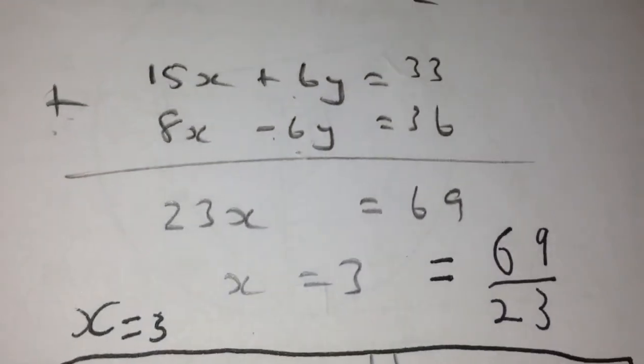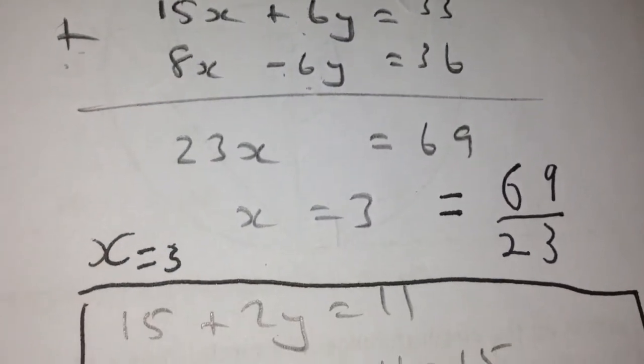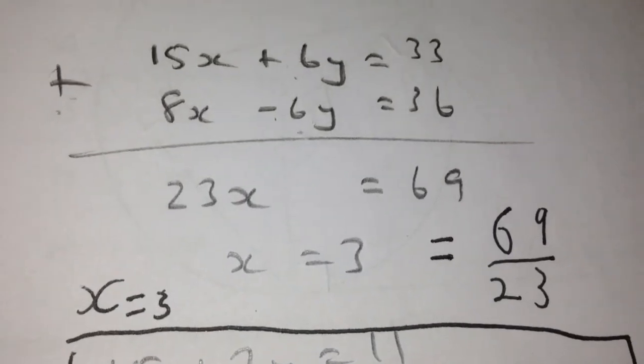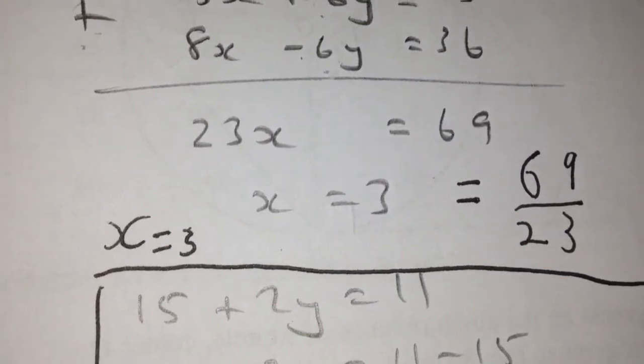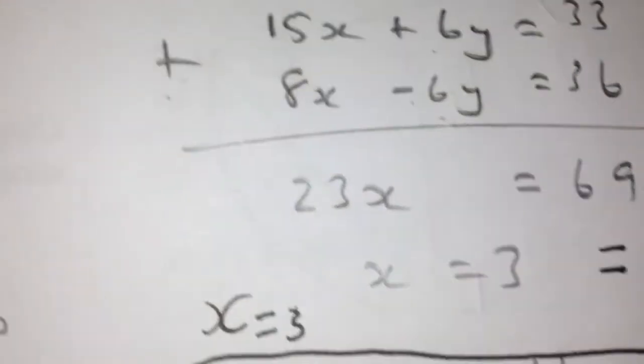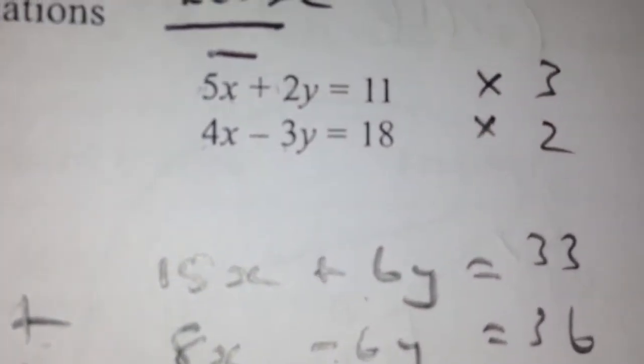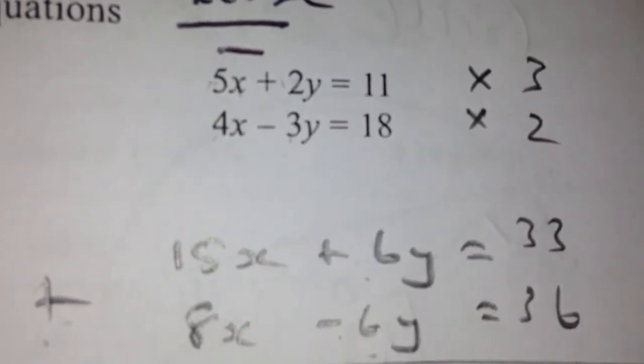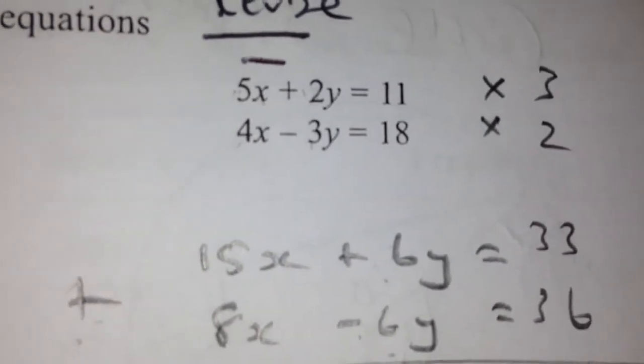The second part of the question is finding the y value. Now we've found the x value, to find the y value, all we have to do is insert the x value into either the top line or the bottom line of the equation. I picked the top line because to me that looks easier, because I don't see any negative numbers.